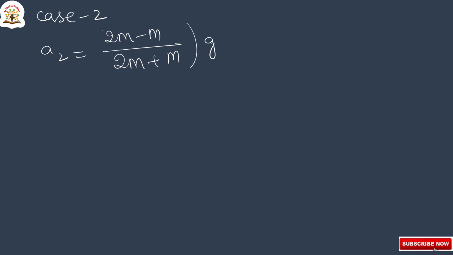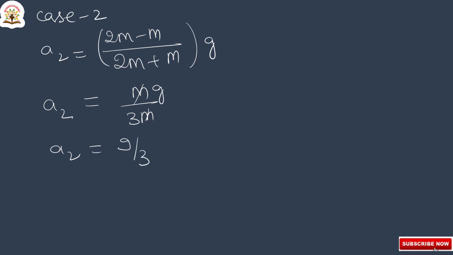Case 2. So a2 is equals to (2m minus m) by (2m plus m) of g. So 2m minus m, 2m plus m, 3m, into g. Here m, m cancel. So a2 is equals to, we are getting, g by 3.